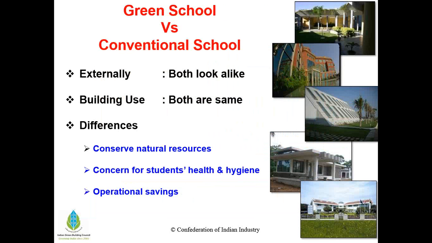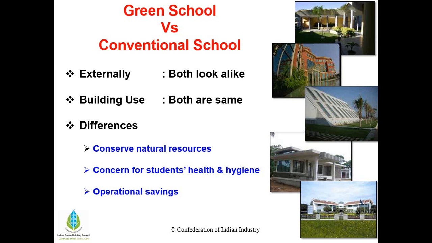So if you see a green school versus a conventional school, externally they look the same, and building usage will also be the same. But the differences come in natural resources, whatever we are using, like water, so that we can conserve them. Besides this, the most important benefit is the concern for the students' health and hygiene.